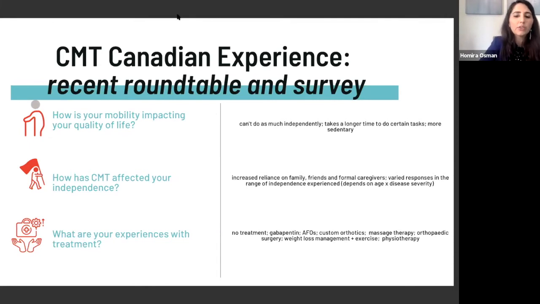Many spoke about an increased reliance on family members, friends, and formal caregivers. But I should mention that the responses for this question were varied and moderated by disease severity. So for an individual who had a more severe condition, they tended to rely more on others compared to those who had a less severe form of CMT.